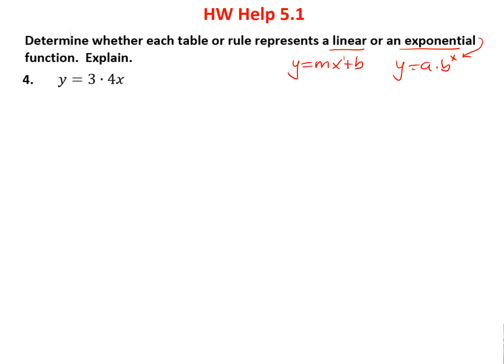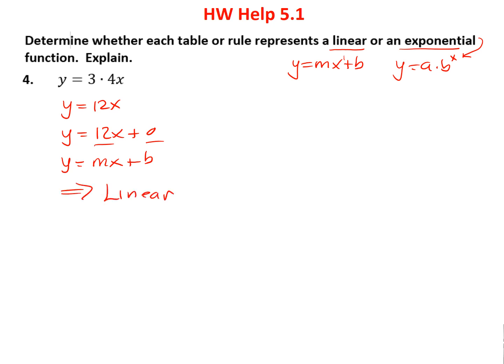Now, I notice x is right here, and I could multiply 3 times 4. In fact, I could even say there's none, and add this and say, okay, this is 12x plus 0. So notice it fits into this pattern. It's a linear equation with a slope of 12 and the y-intercept is 0. So by the rule, this is a linear function.